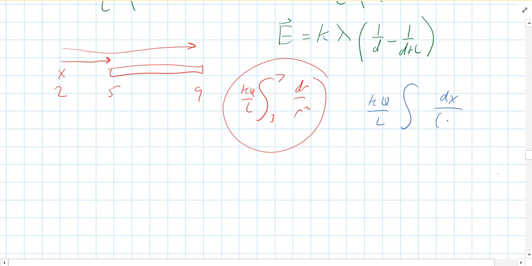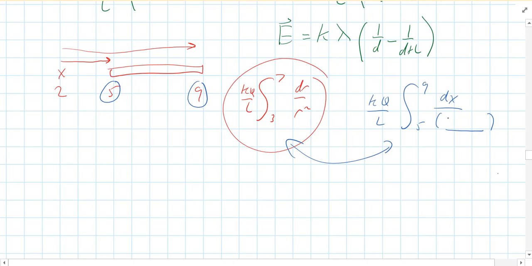You'd have something involving x squared. What does x actually vary from? It varies from 5 to 9. That's what the two values of x are at the beginning and end of the bar. How do you adjust this equation so that you get the same answer whether you do it in terms of r or in terms of x?